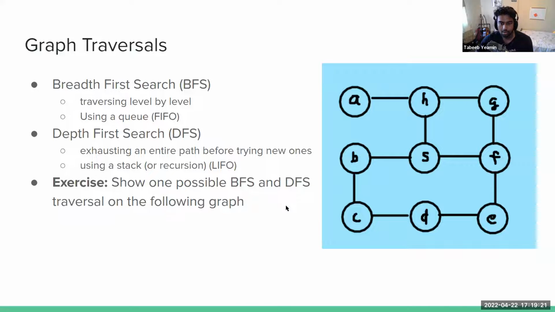Okay, so I want you guys to take a few minutes to remember how to do BFS and DFS. You can show one possible traversal on the following graph. There are multiple different traversals you can do, obviously.